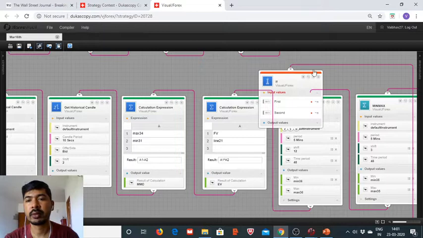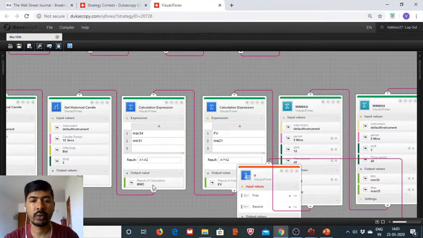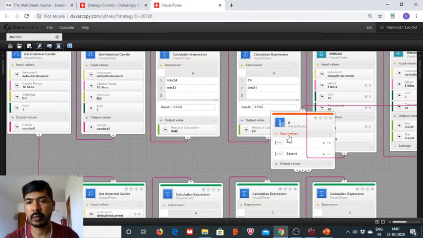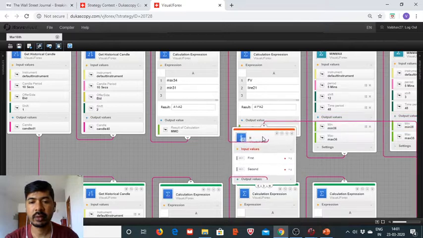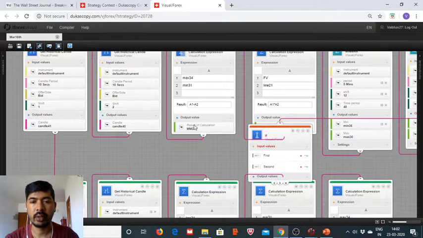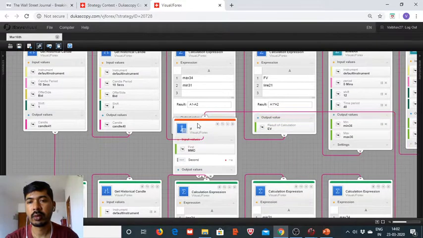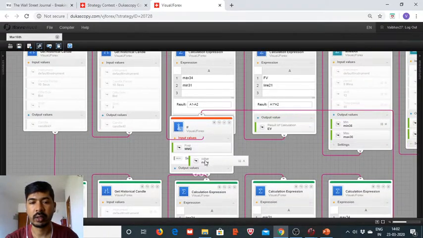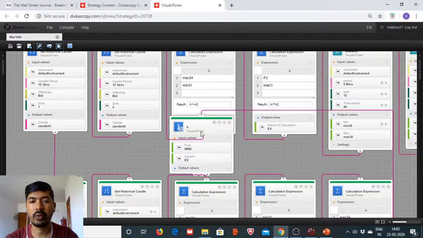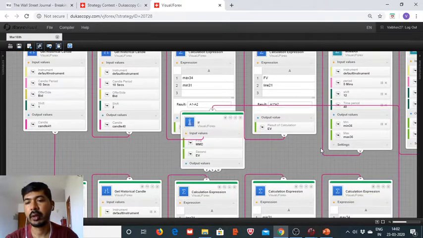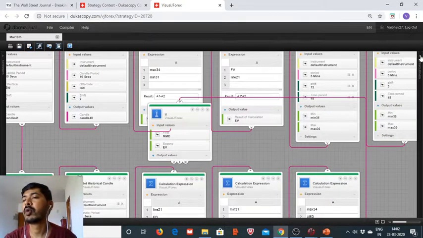Now let us make sure that the min-max difference is more than the EV execution value, and again we bring in more if blocks.